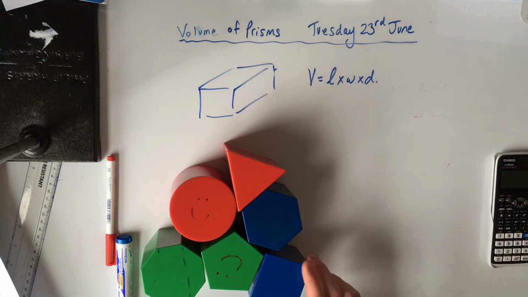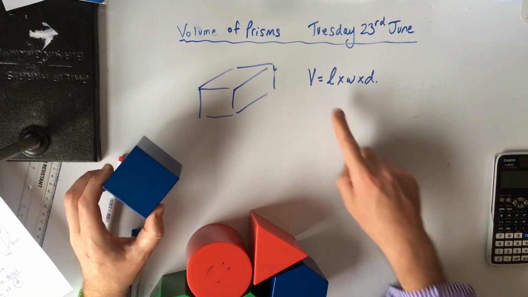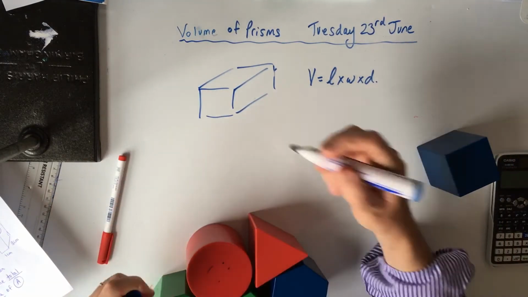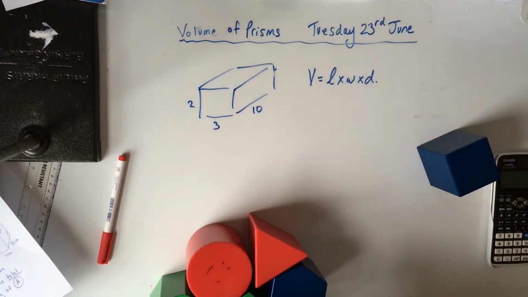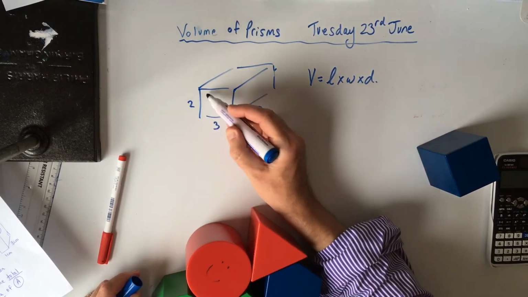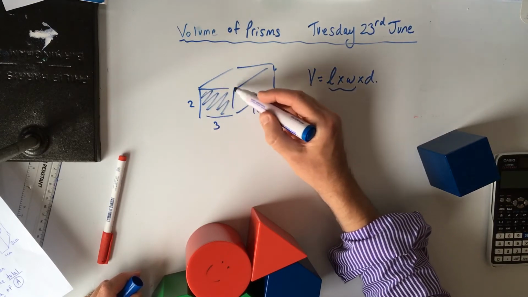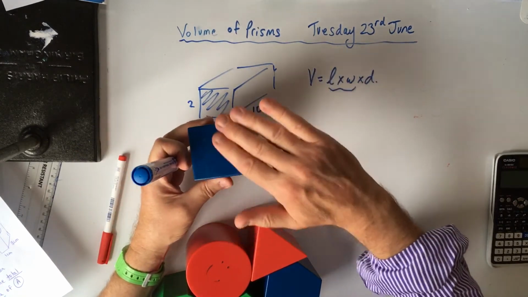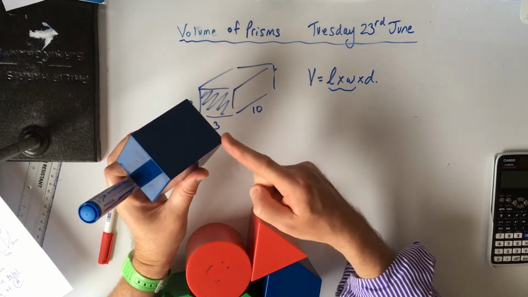What we've been doing, when we've been doing a rectangular prism, is the length times the width times the depth. Let's put some dimensions on this one. This was one that we did yesterday in the lesson, 3 times 2 times 10. Length times width is the area of a rectangle, isn't it? And that's the area, in this case, of the front face. And then we times it by how far it goes back, the depth.